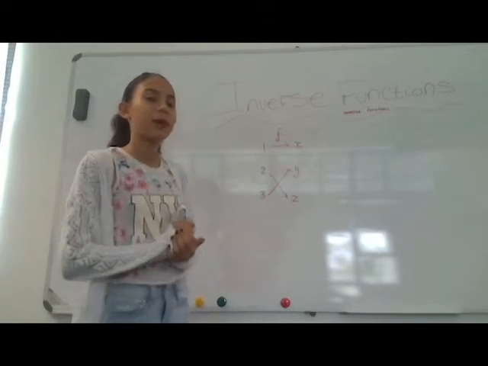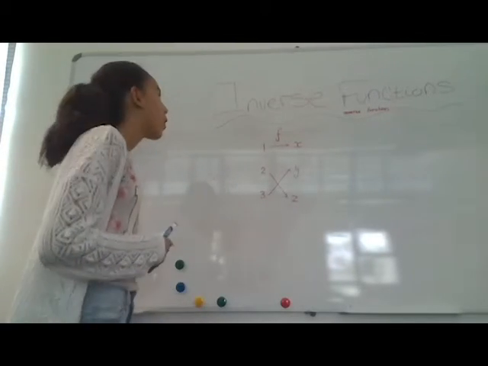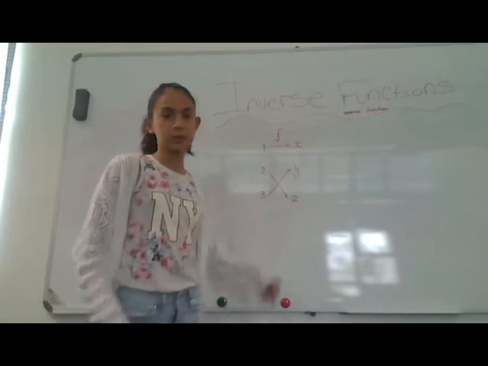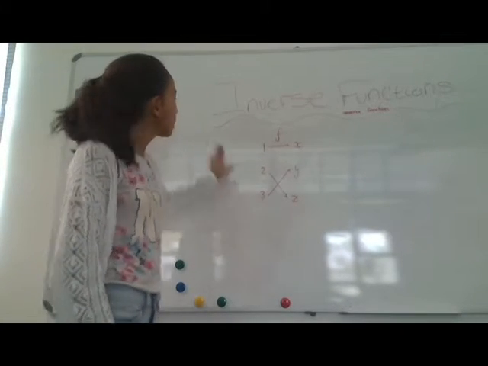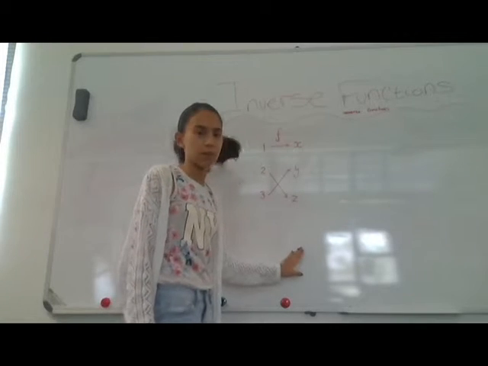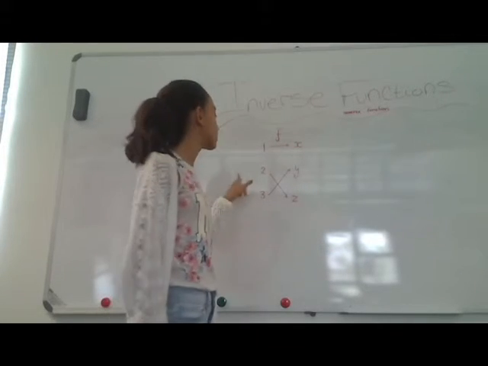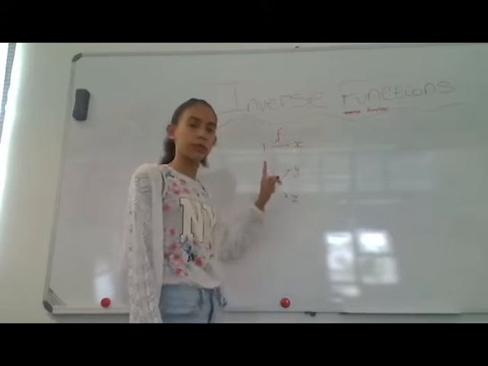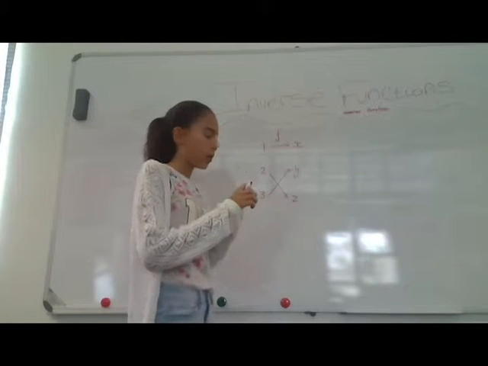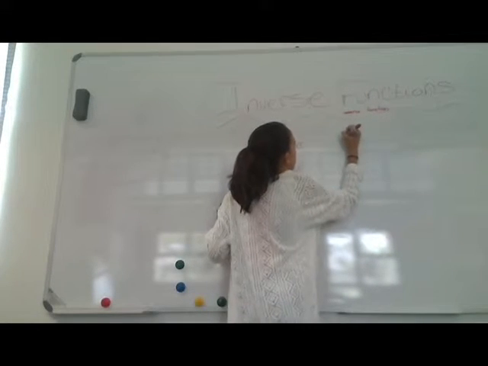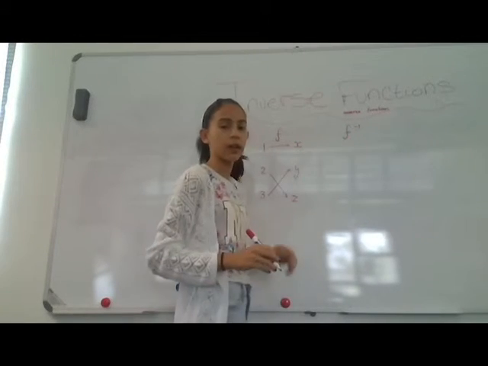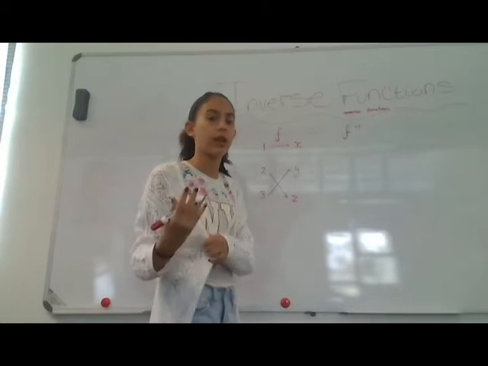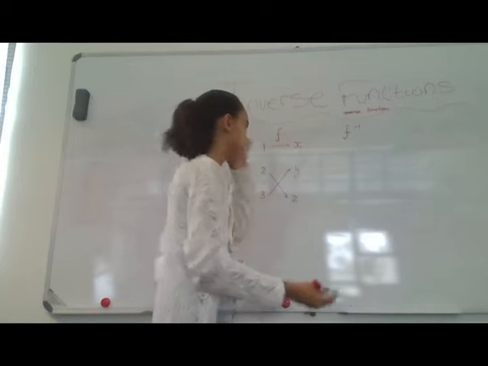Today I'm going to talk about how inverse functions are reverse functions. So here we have a normal function. Here we have numbers and a bunch of variables. 1 goes with x, 2 goes with z, 3 goes with y. Now, an inverse function would be different than that. It would carry a -1 to show that it is an inverse function.